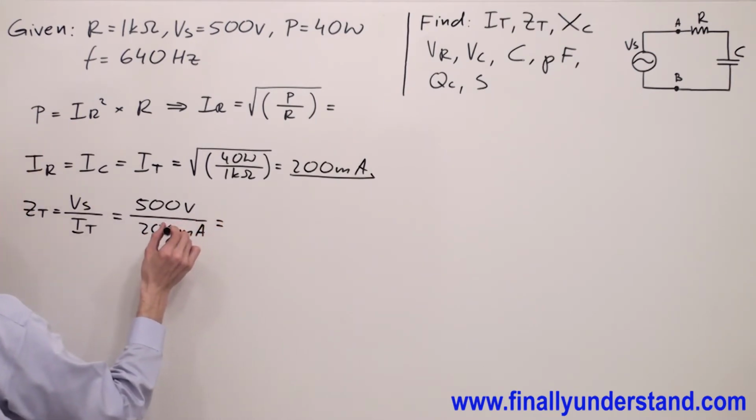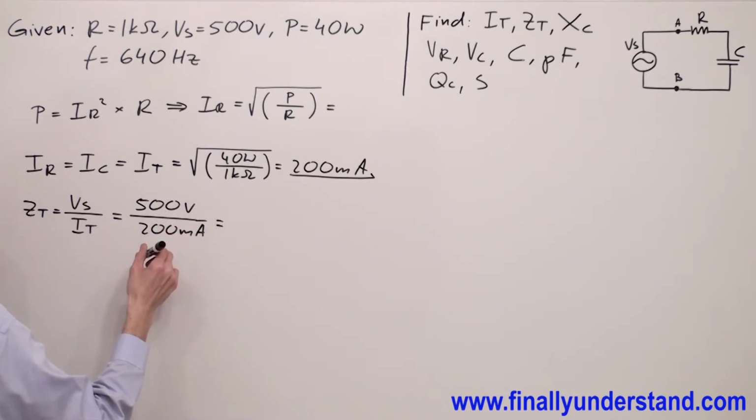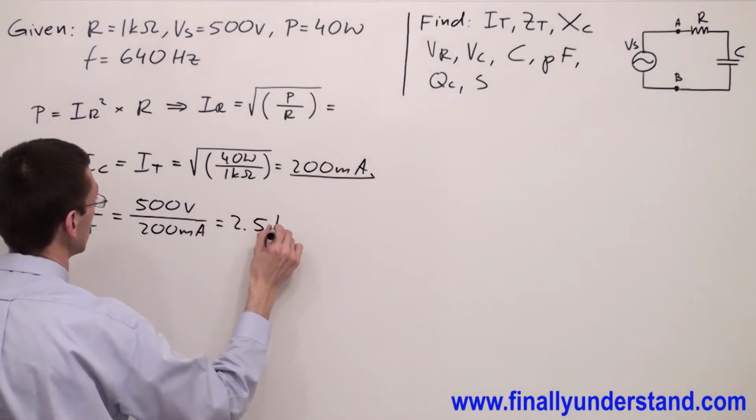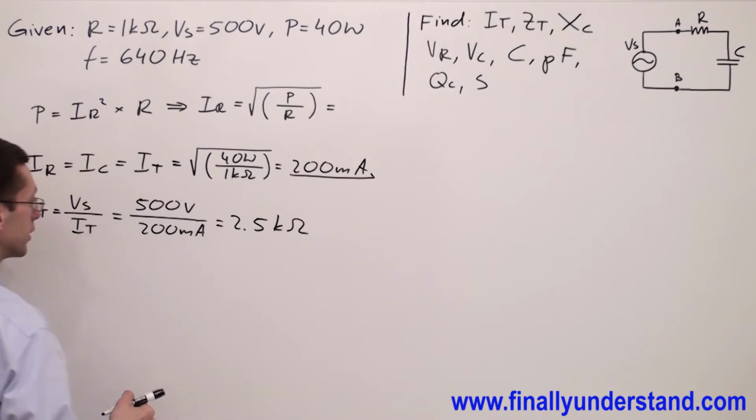So voltage source over the current total is equal to 2.5 kilohms. But again, we have no angle.